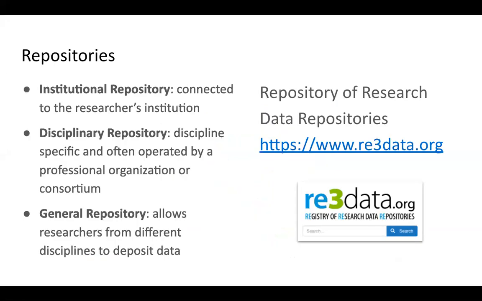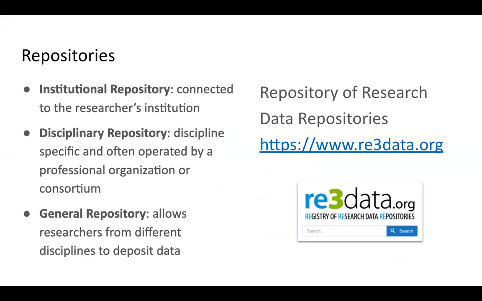First, let's just quickly review the types of repositories that are available for publishing data. I have another webinar that focuses on repositories if you want to dive deeper into this area. But there are three major types of digital data repositories.